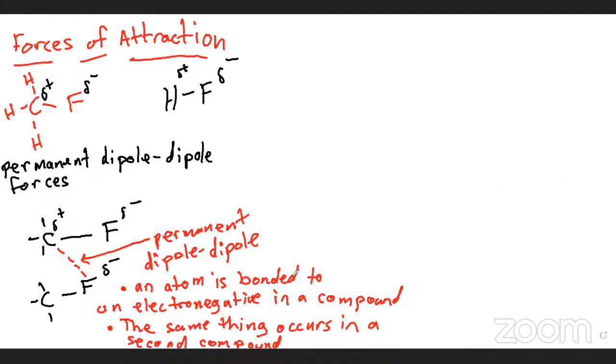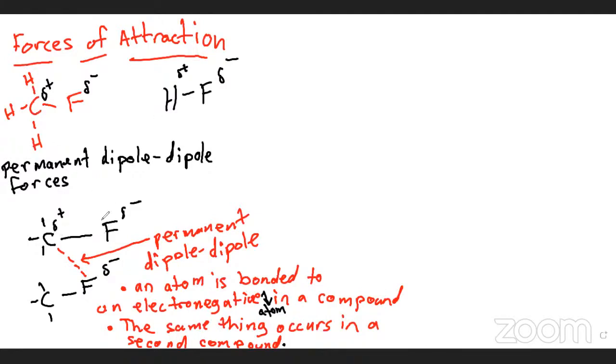All right, so an atom is bonded to an electronegative atom in a compound. This same thing happens in a second compound. So that is the example here.